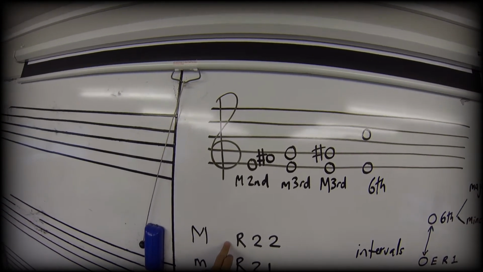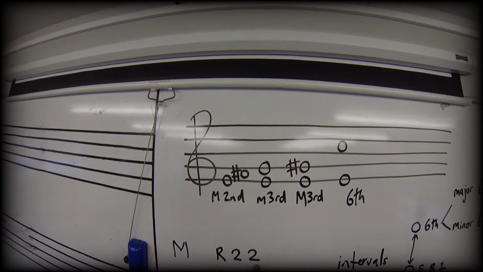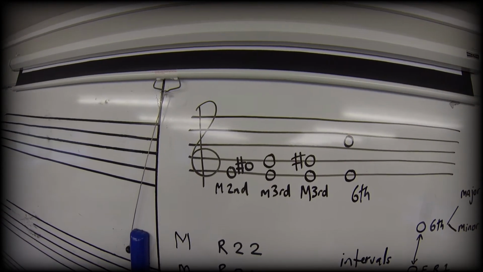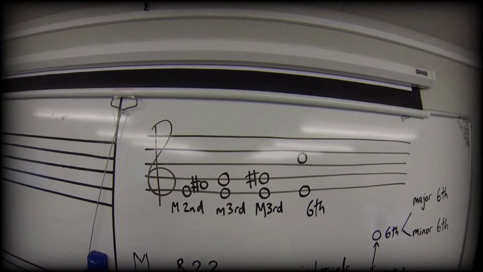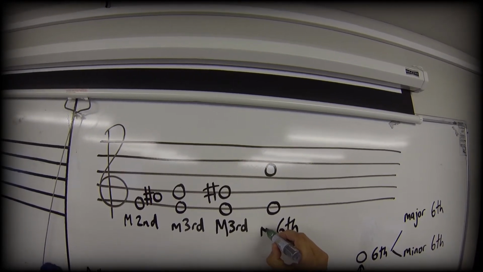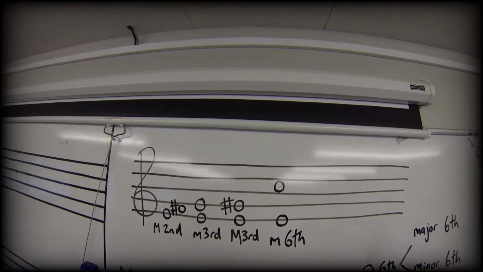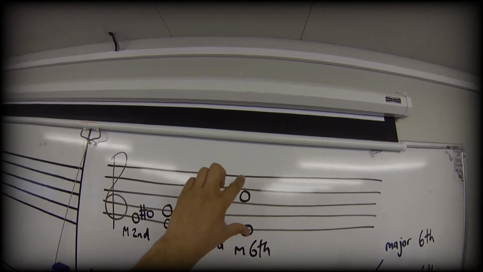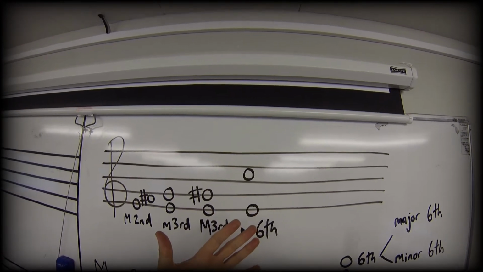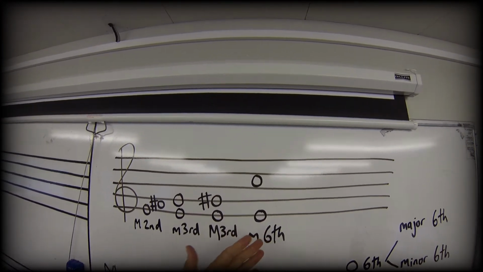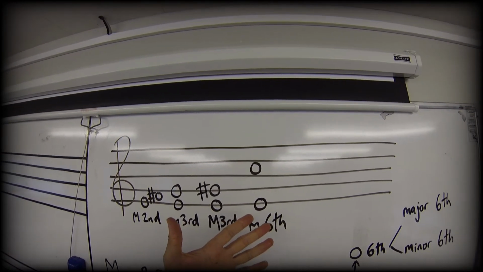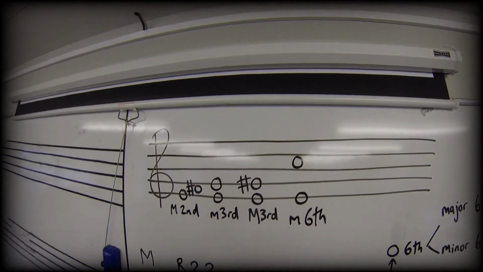If it was the major scale, it would be 1, 2, 3, 4, 5, 6. I think I used the minor scale. 1, 2, 3, 4, 5, 6. Yes, I did. So that is a minor sixth. After I hear the two notes, I link a scale that's going to connect the two notes, and just ask myself, did I go 1, 2, 3 minor or 1, 2, 3 major to start my scale?